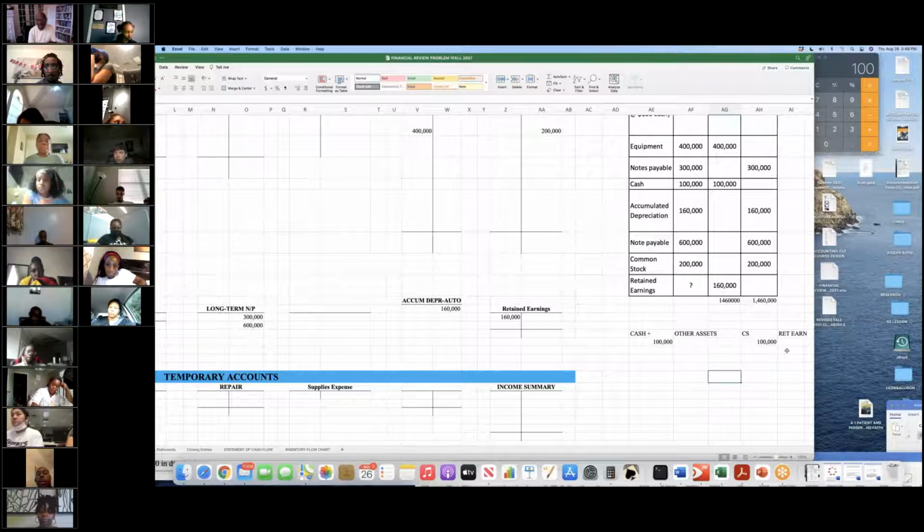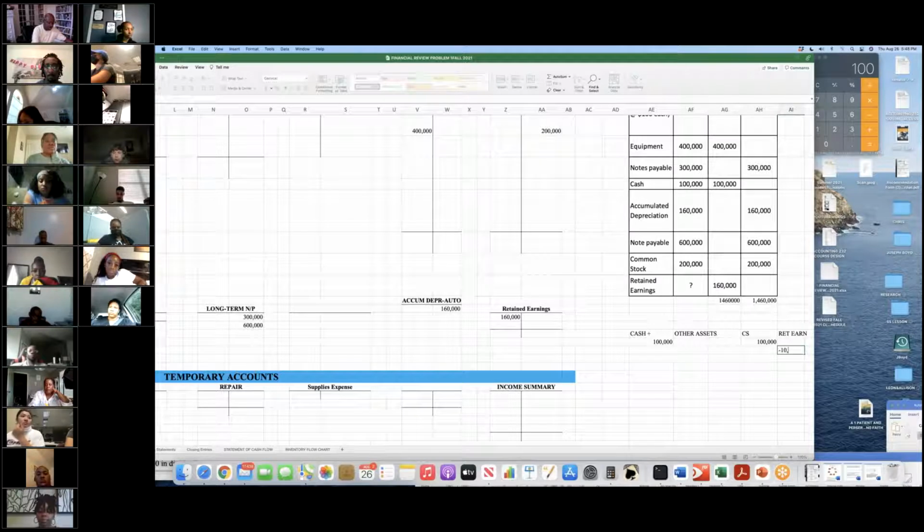So if we get into a situation where the retained earnings, let's just say it's a minus 10,000. Then we balance this out, your cash now may be at 90,000.